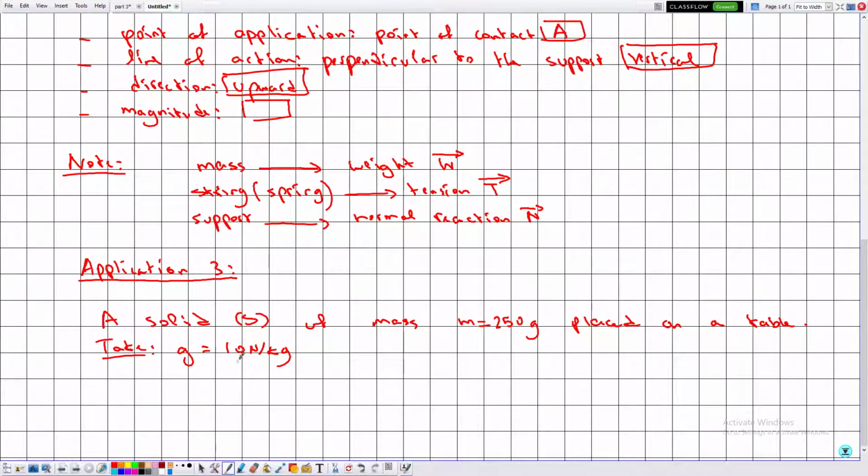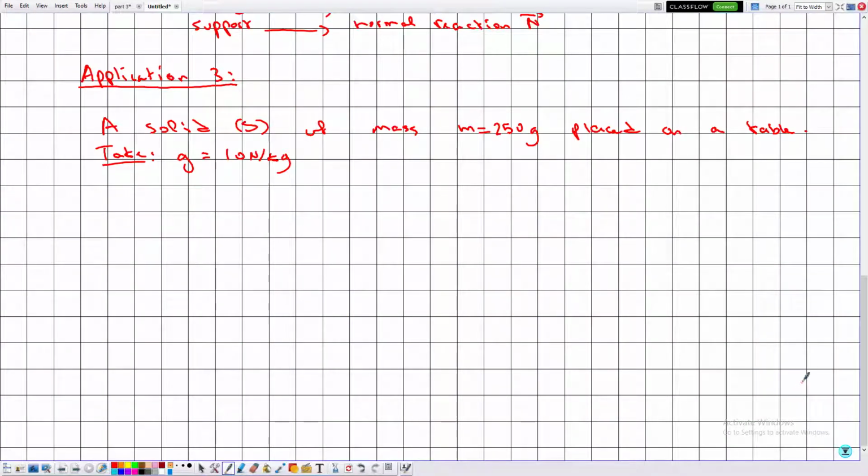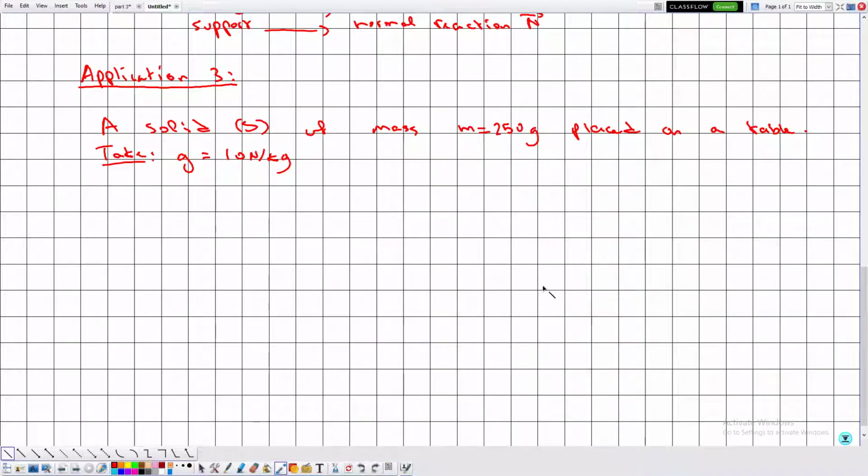If we are performing this experiment on the surface of Earth, we expect that the value of g is 10. If we are performing it on the surface of the Moon, then the value of g, for example, is 1.67 newtons per kilogram. Let me consider this table.